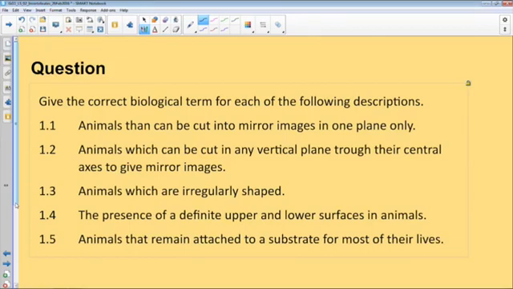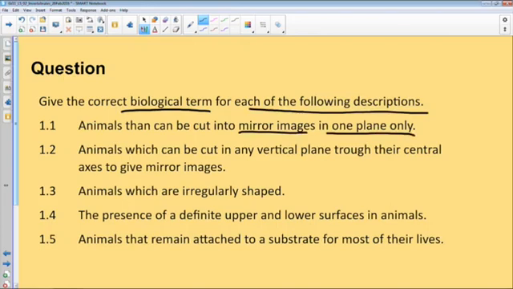I'm going to read through these questions so that you have a heads up and can work through them. Give the correct biological term for each of the following descriptions. Question 1.1 refers to animals that can be cut into mirror images in one plane only.